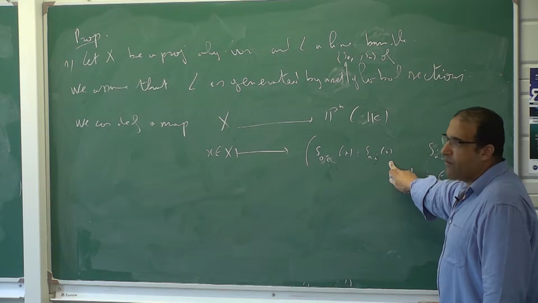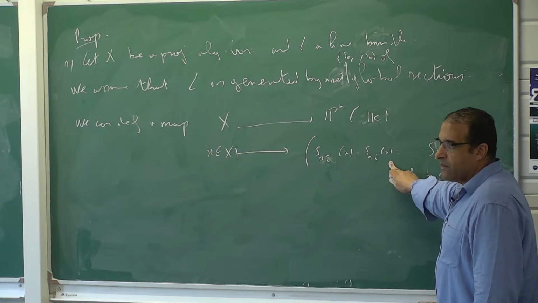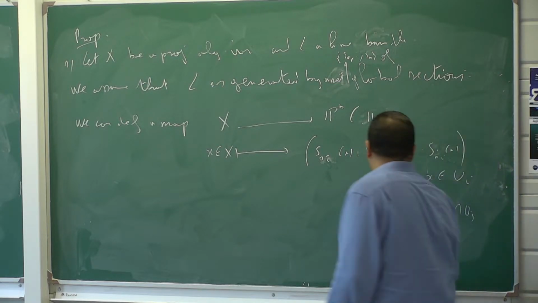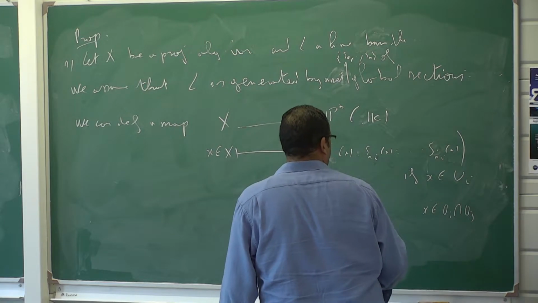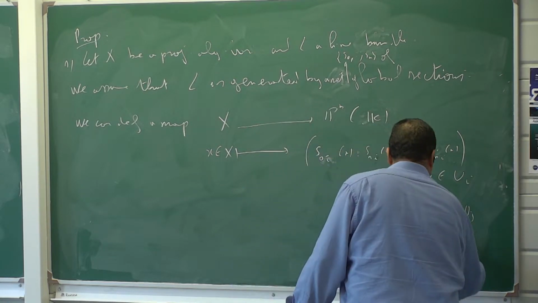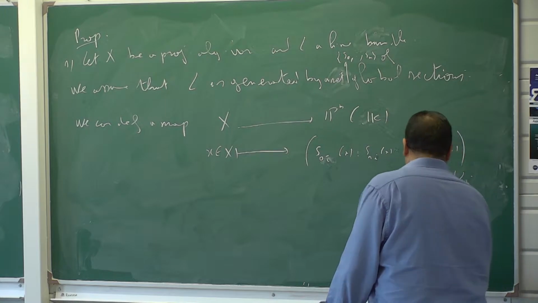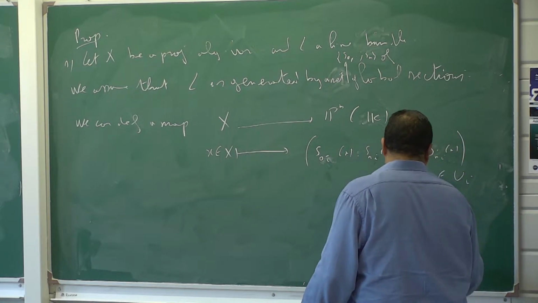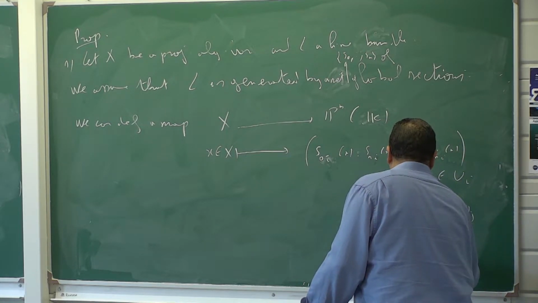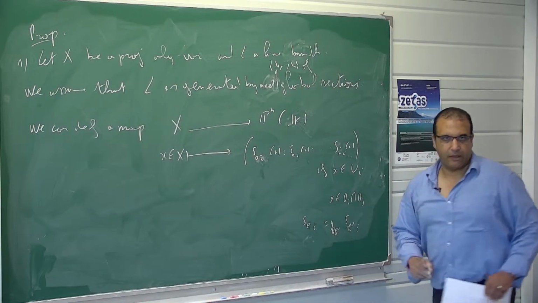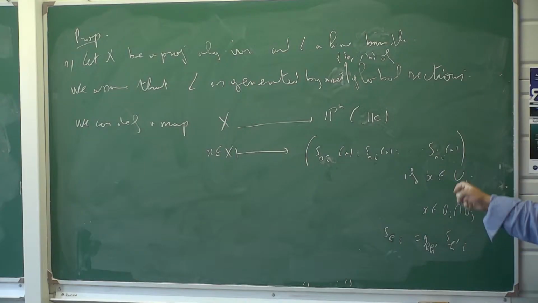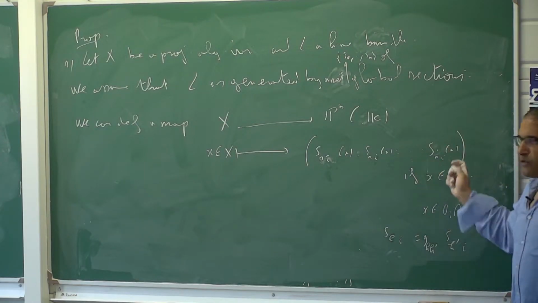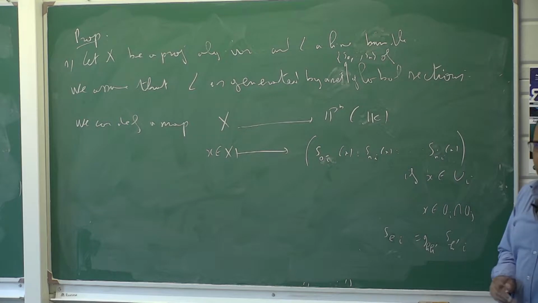So this is well defined, because s_{k,i} is related to s_{k,i'} by the transition function g_{ii'}, which means that you have the same point in the projective variety.